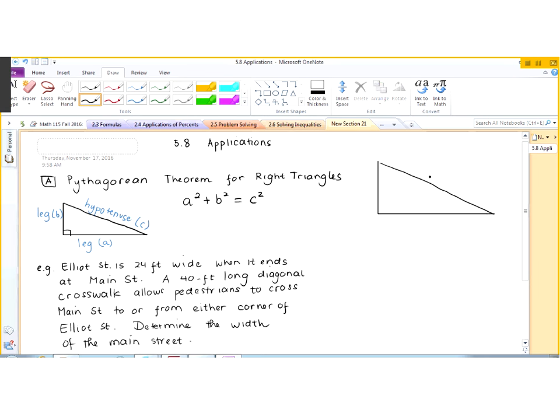The diagonal is 40 feet long. This is the diagonal crosswalk. And what about Elliott Street? It's 24 feet. It doesn't matter which side, so I could put 24 feet here. This is Elliott Street going that direction.